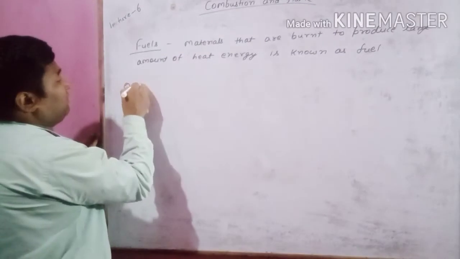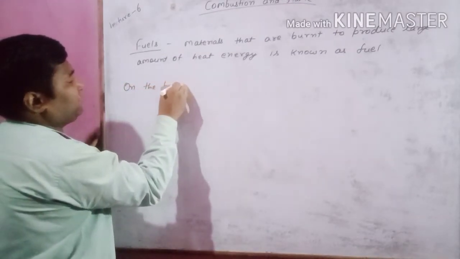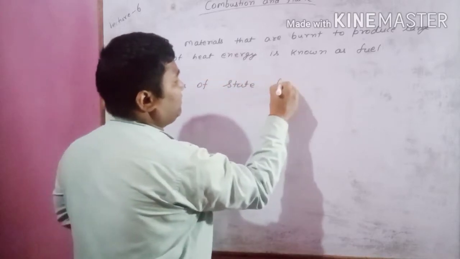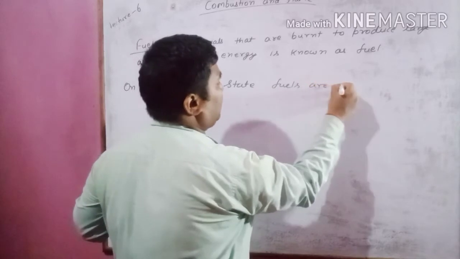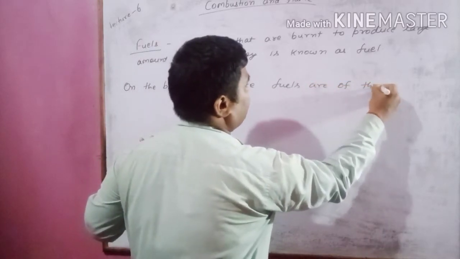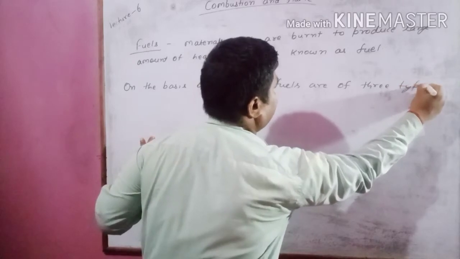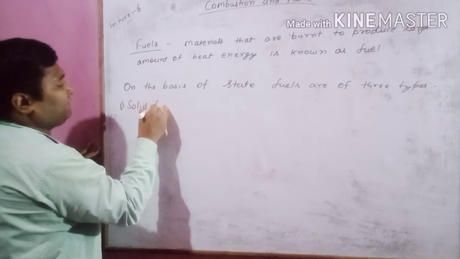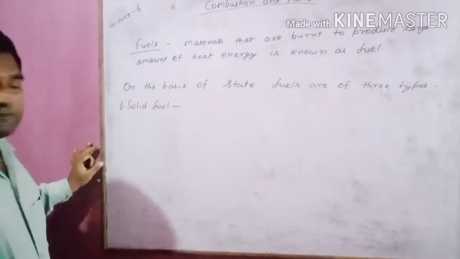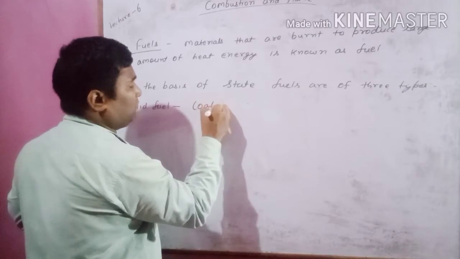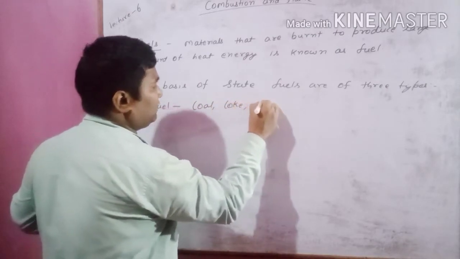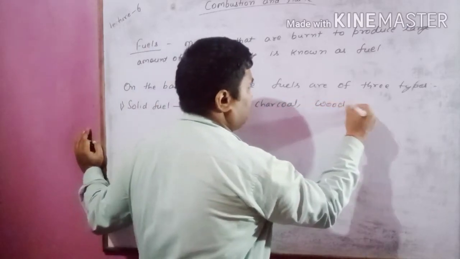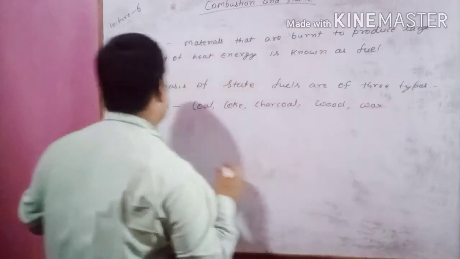On the basis of state, fuels are of three types. First, solid fuel. Examples of solid fuel: coal, coke, charcoal, wood or wax.